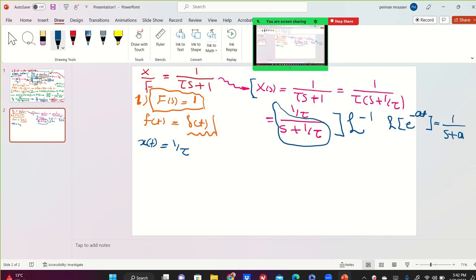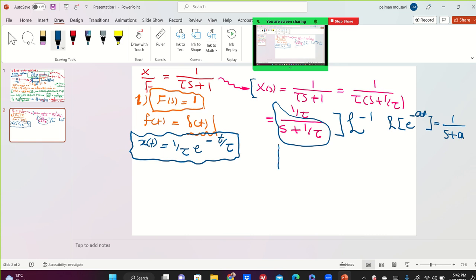You have it in your notes, that's right. So it's going to be the exponential (1/tau) e to the minus t over tau. So we found the solution of the first order system generally, by this specific example when the system is subject to an impulse.